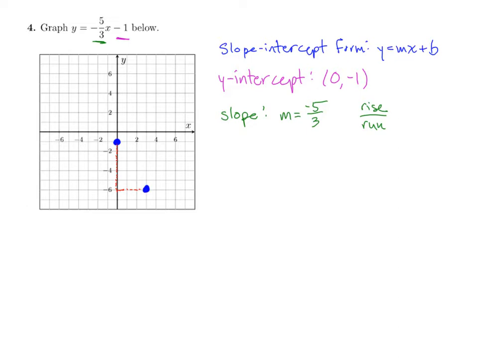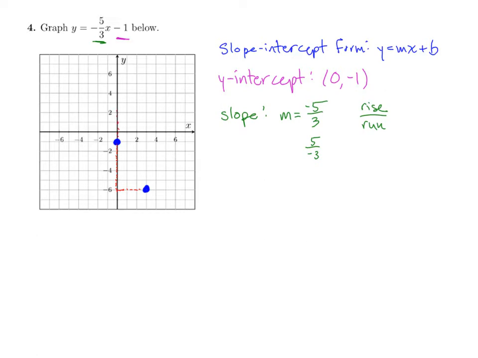If I want to find more points on this graph, particularly in the second quadrant over here, I could also think of that negative 5/3 as rise over run of 5 over negative 3, giving me the same number, negative 5/3. That's helpful in that, from that point 0, negative 1, I could also have gone up 5 units and left 3 units.